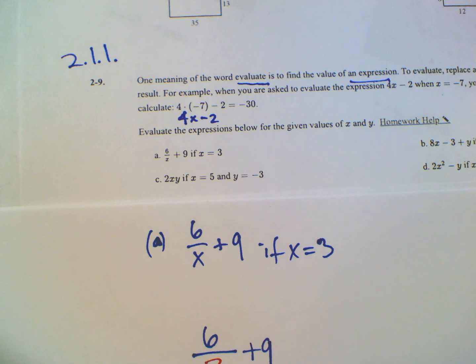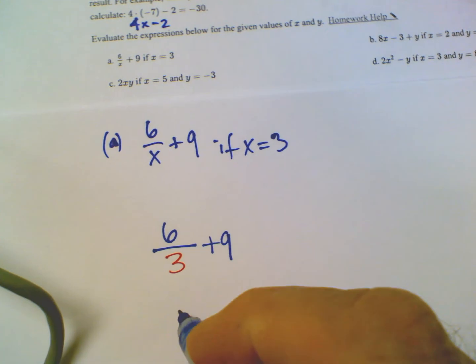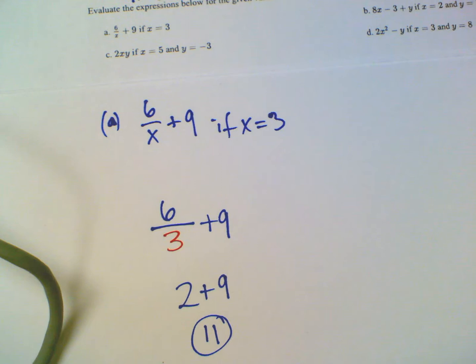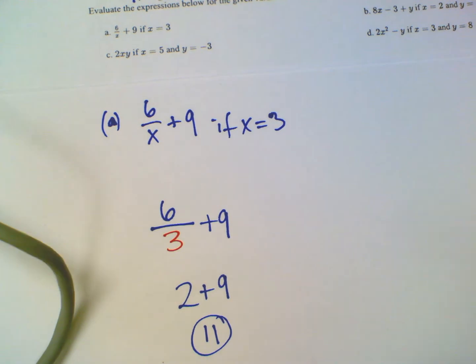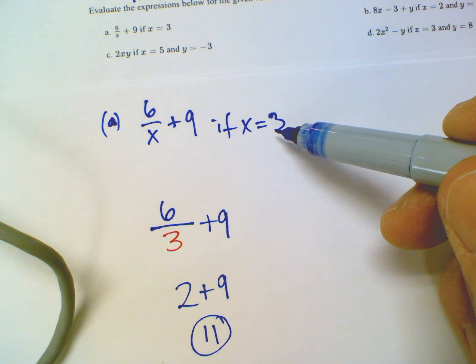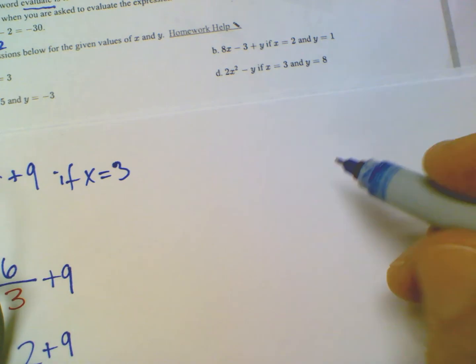Plus 9. What do you get? Well, 6 divided by 3 is 2. 2 plus 9 is 11. So that's evaluating that expression when x equals 3. Follow that?